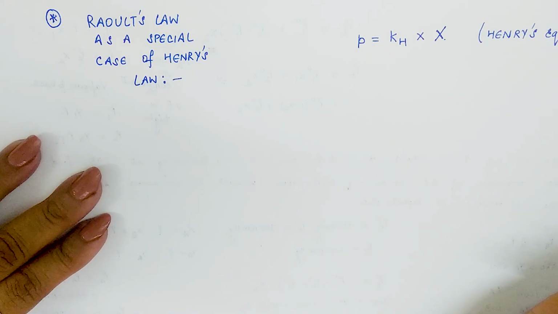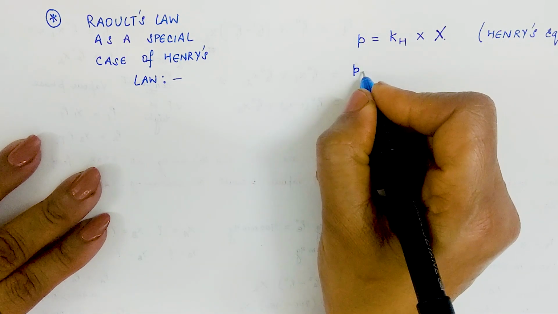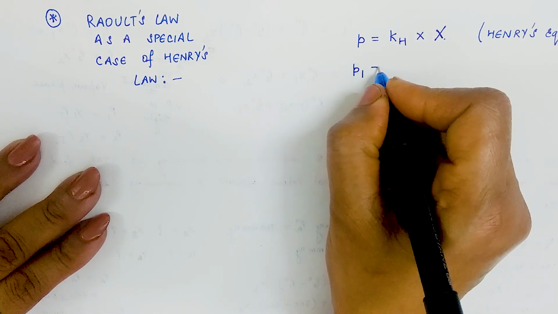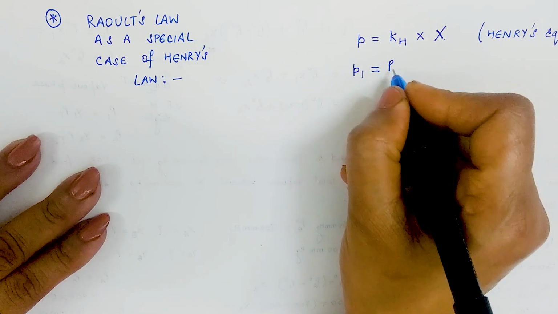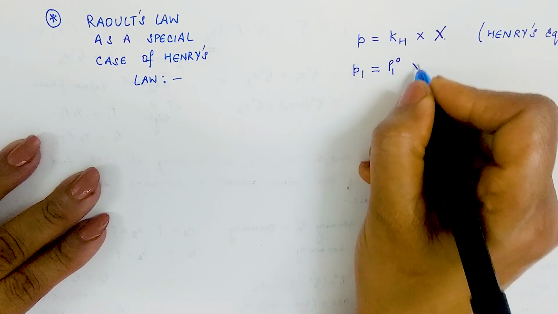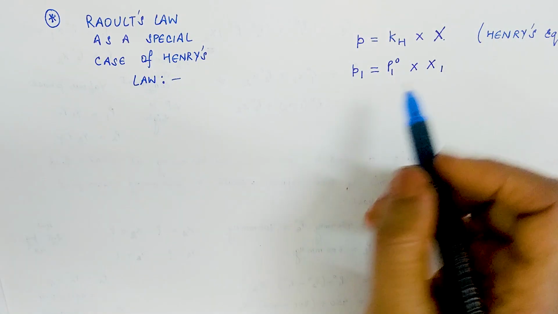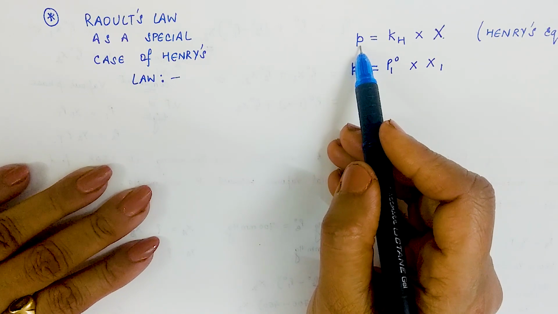Now, when we derived Raoult's law for liquid-liquid solution, we said that the partial pressure of any component is directly proportional to its mole fraction, and when we removed the proportionality, we put a constant which is P1 naught into X1. Yes or no?